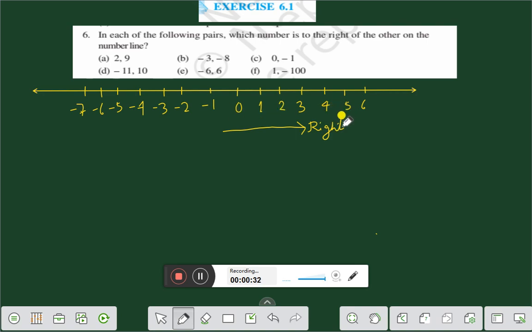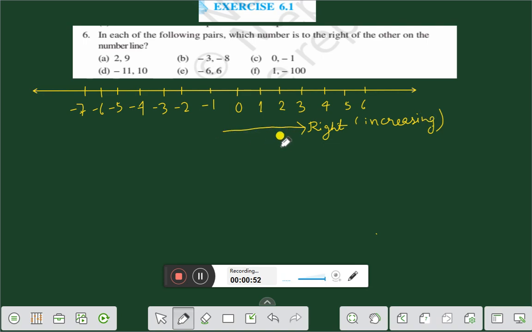That is the direction of increasing numbers. Here you see that 0, 1, 2, the number is increasing. Right?